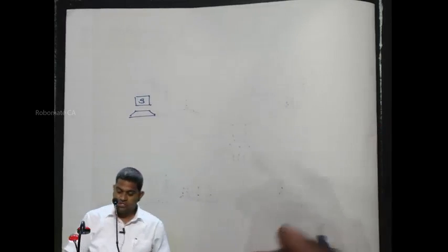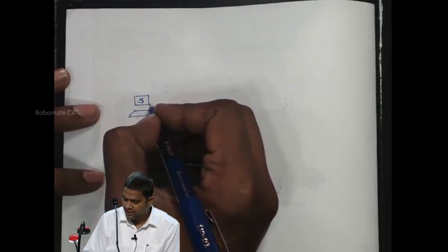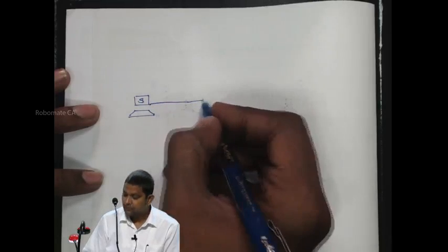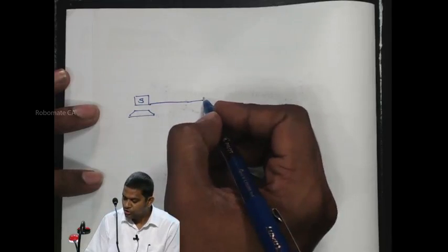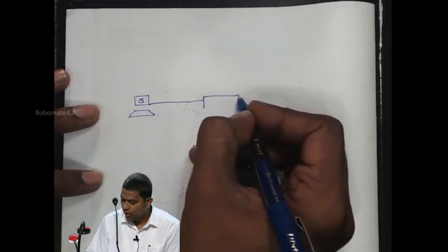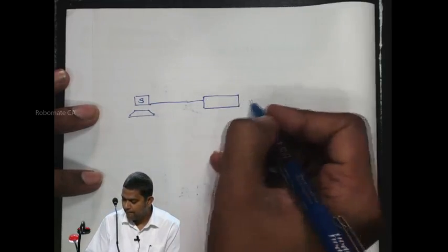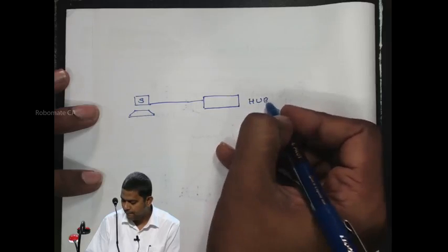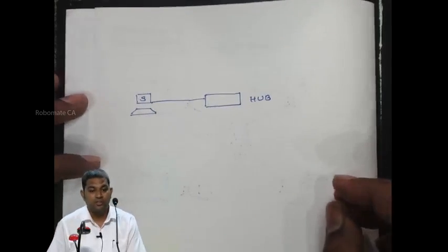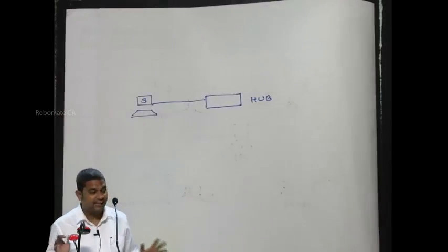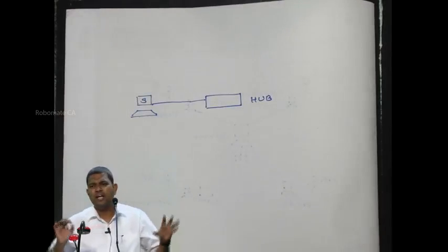So such a wire will be connecting the server. Okay, and this wire goes to a device called a hub.